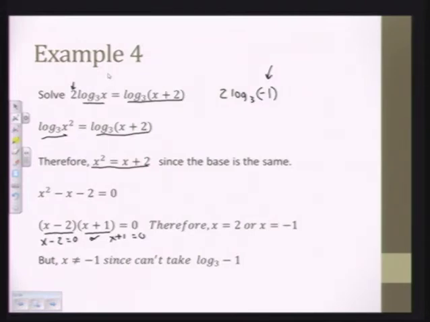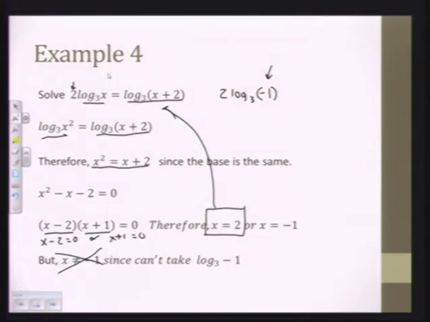And so consequently, that answer, even though we get it, is an extraneous answer, as we would say in algebra. And so consequently, x cannot be negative 1. So our only thing that makes this expression true is if x equals 2.